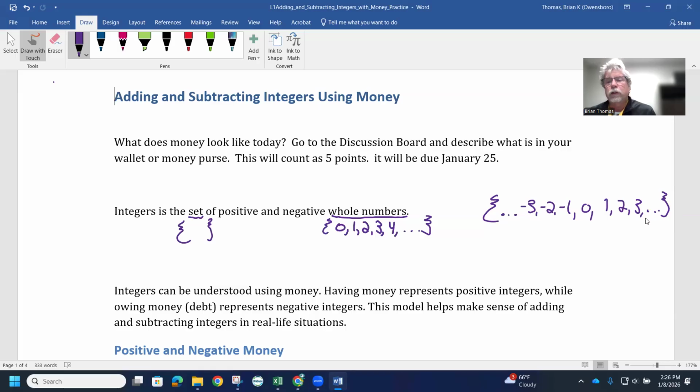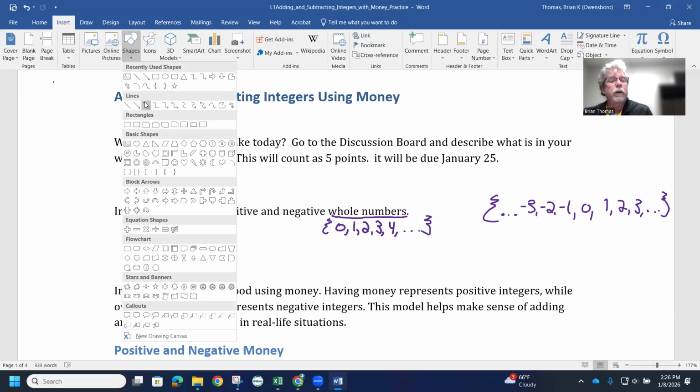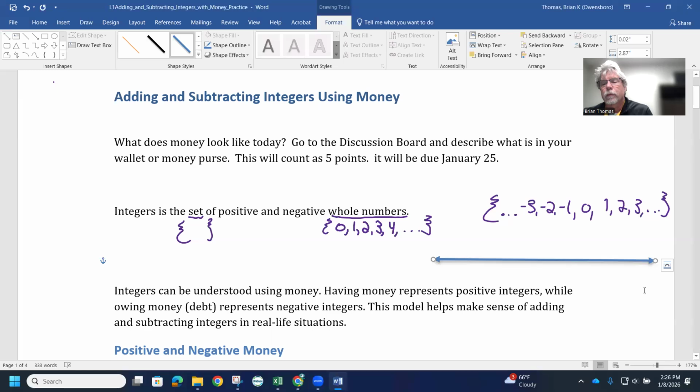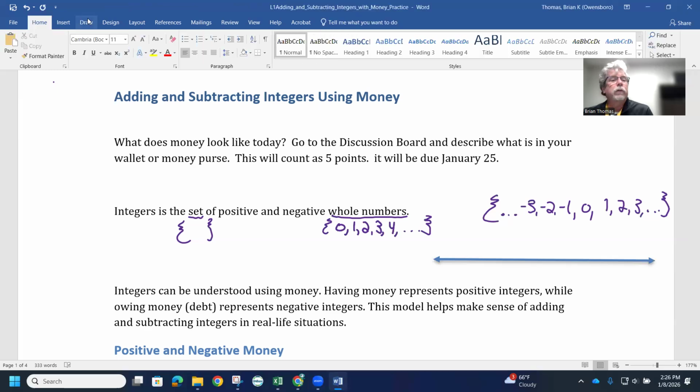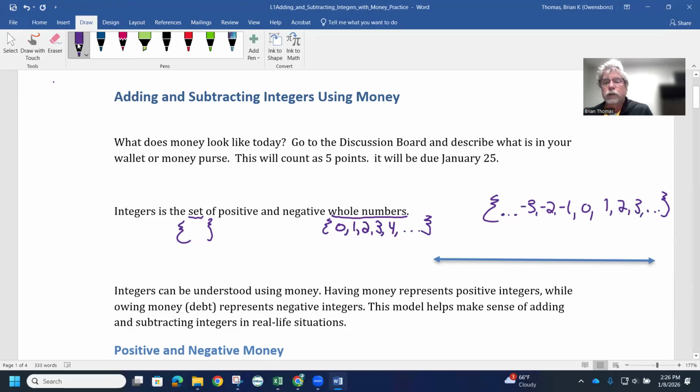They look really good on a number line because a number line kind of illustrates direction. So if I draw a line here, if we talk about integers, zero is usually out here in the middle.